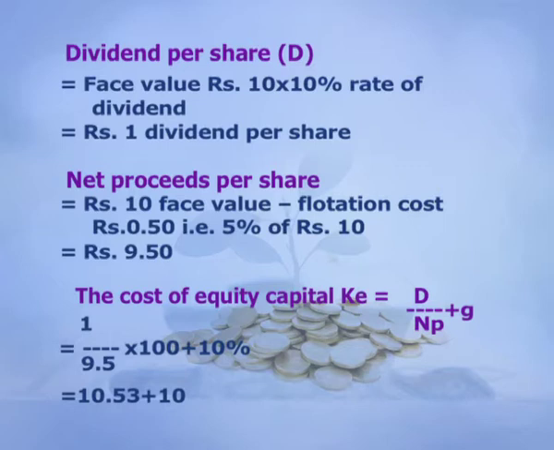Net proceeds per share is equals to rupees 10 face value minus flotation cost rupees 0.5, that is 5% of rupees 10. Hence, net proceeds per share is equals to rupees 9.50. Cost of equity KE is equals to D divided by NP plus g, which is equals to 1 divided by 9.5 multiplied by 100 plus 10%, which is equals to 10.53 plus 10, and the answer is 20.53%.